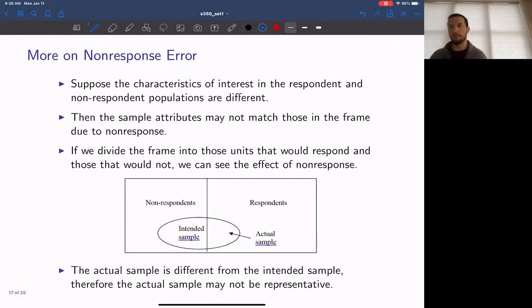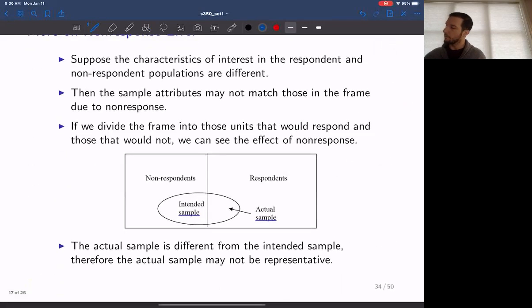So let's talk a little bit more about this idea of non-response. In this illustration here, we're considering our sampling frame, right?